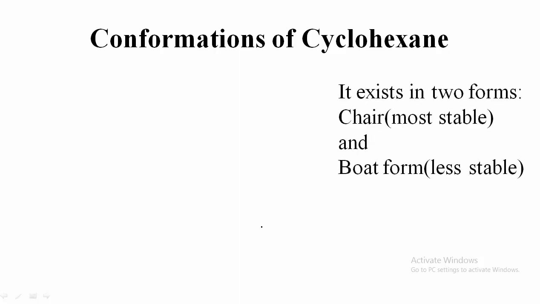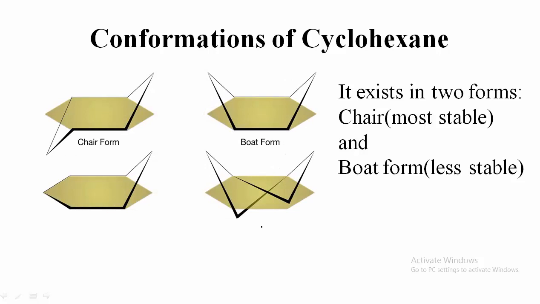Then conformations of cyclohexane. In case of cyclic structures, the conformations are represented in two forms, that is chair and boat form. The chair form of conformation is most stable and boat form is less stable. Here you can observe the chair form and boat form. The first diagram that you will observe is the chair form.